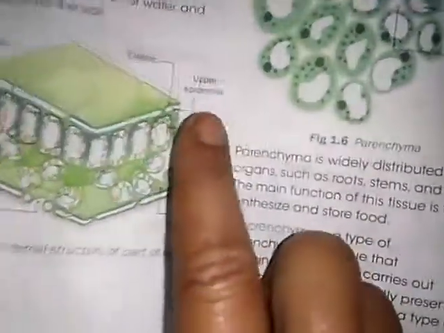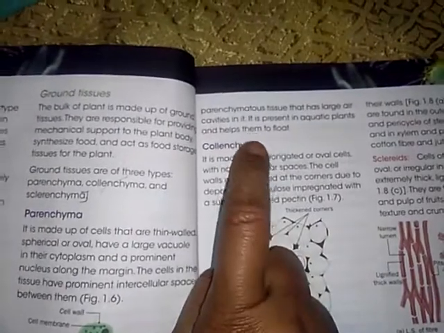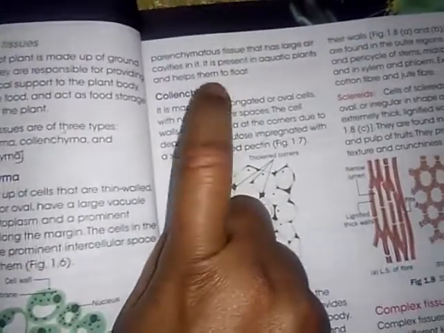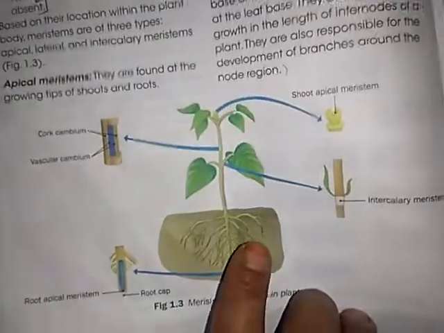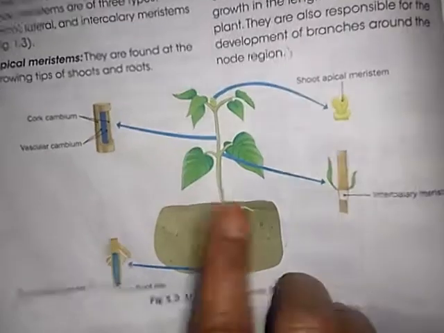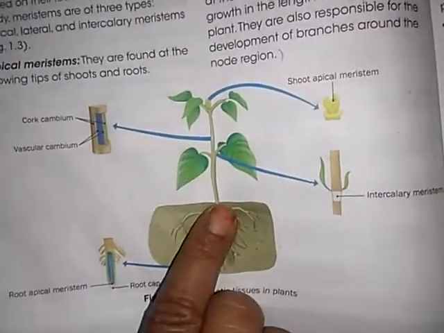Okay. What are the uses of collenchyma tissue? This type of tissue gives mechanical support or mechanical strength to the plant body.